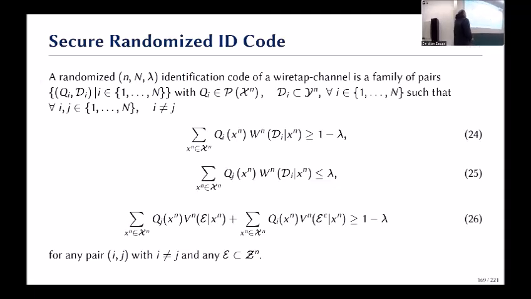And now our security assumption is as follows: the errors of Eve, the error of the first kind and the error of the second kind, sum up to something which is bigger than 1 minus lambda. So that means Eve cannot identify anything, but Bob can do it with error probability lambda.